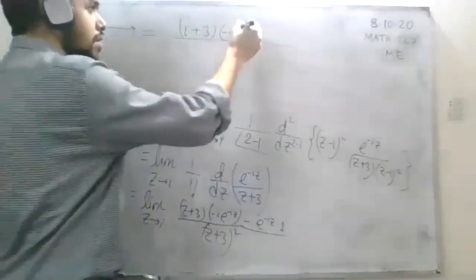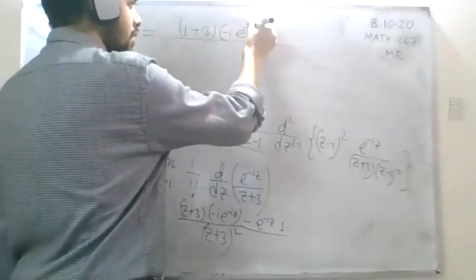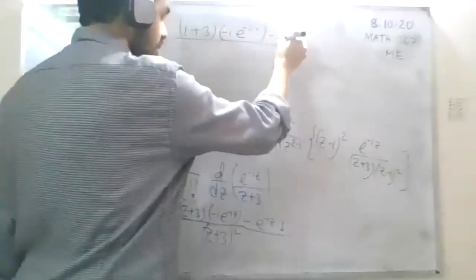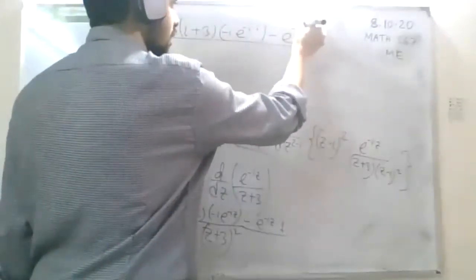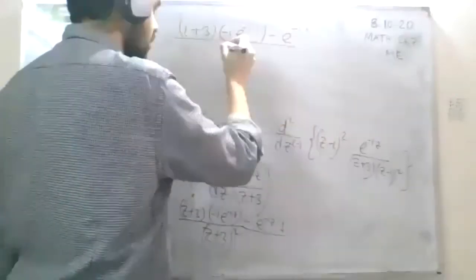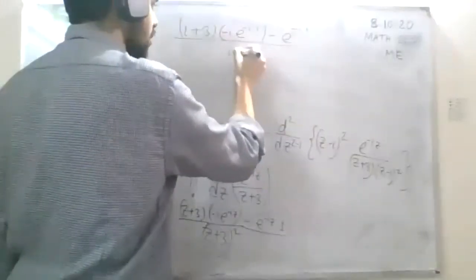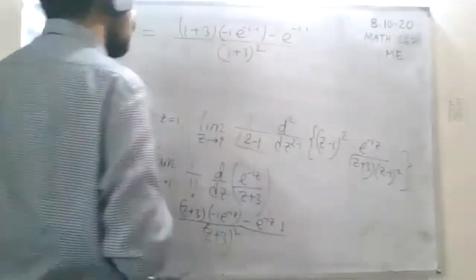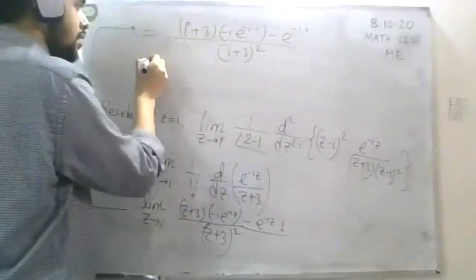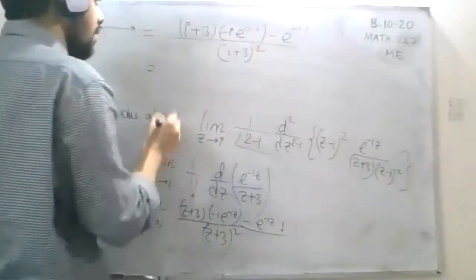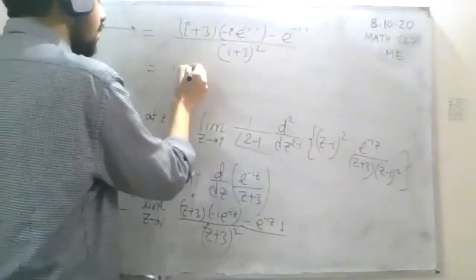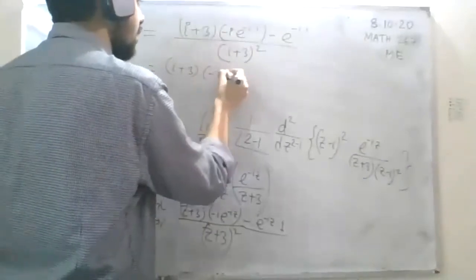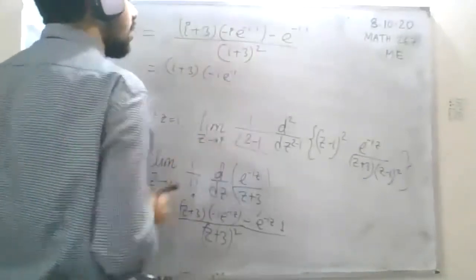That means if I put i into i here, and also here e to the power minus i into i, and also here (i plus 3) square. So if I put the limit over here, yes, i plus 3, this will be minus i into the power minus 1.